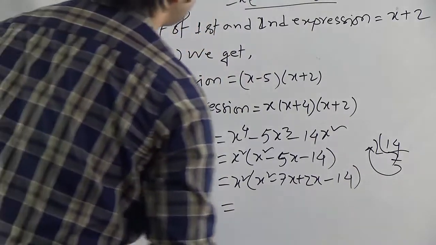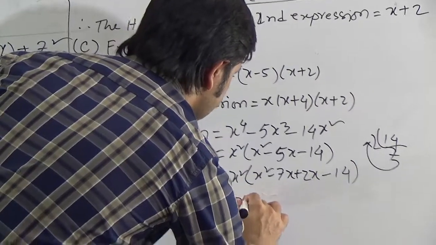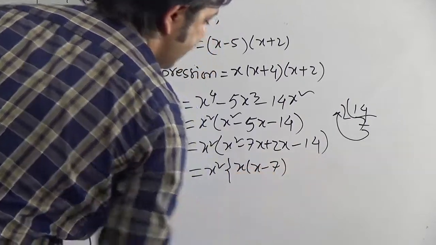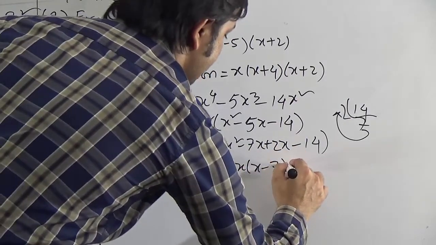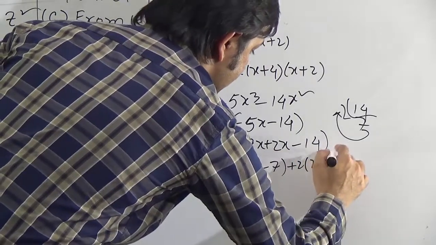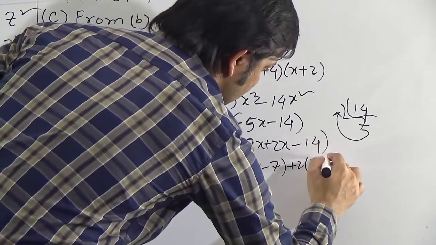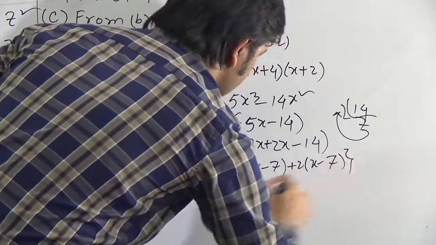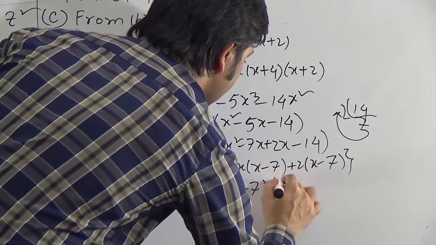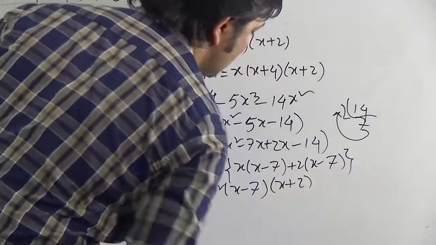Then in x square we can take x as common, x minus 7 we will get here, and then we can take plus 2 as common, x minus 7. Then we can write here x square, x minus 7 as common, then remaining x plus 2.